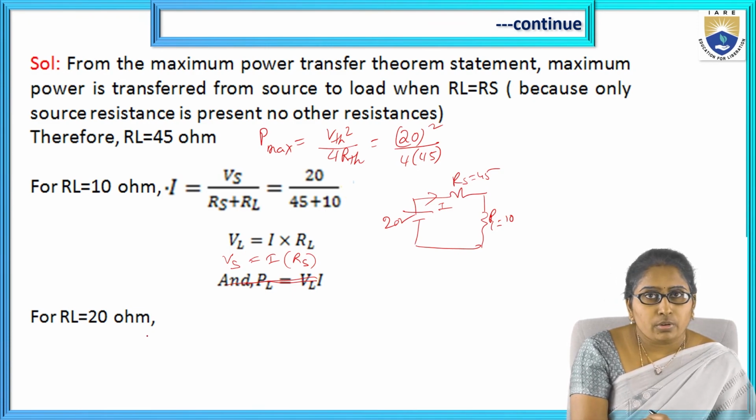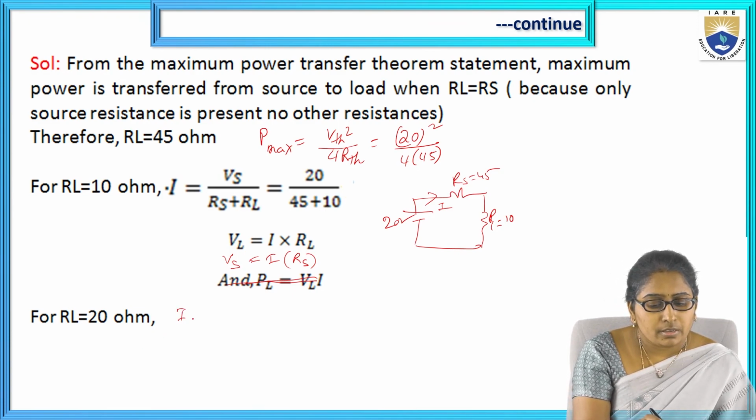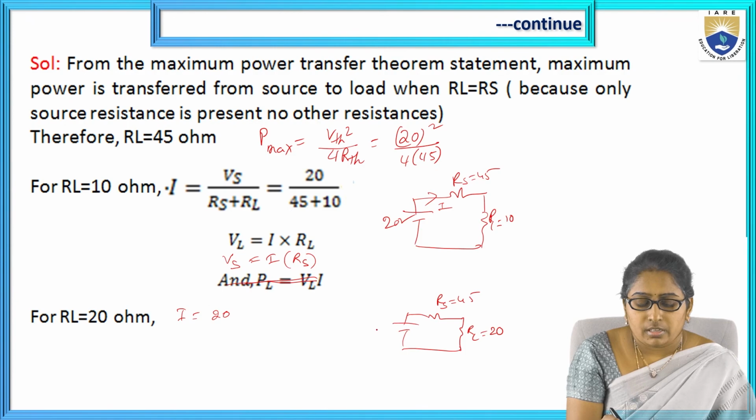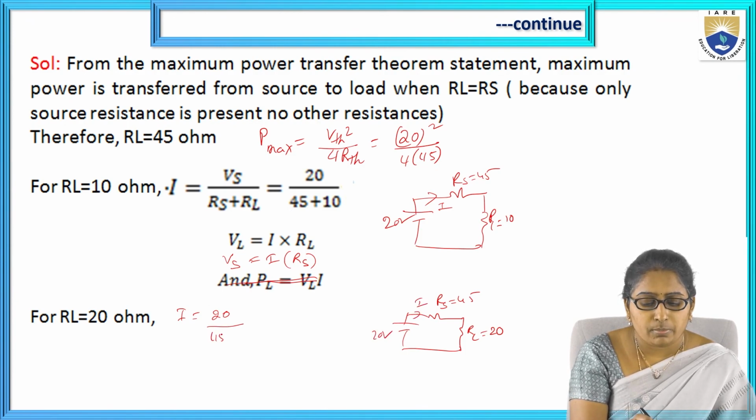Next, for RL is equal to 20. The circuit is the same, only the RL value is 20 and RS is equal to 45. So I is given by 20 by 45 plus 20.